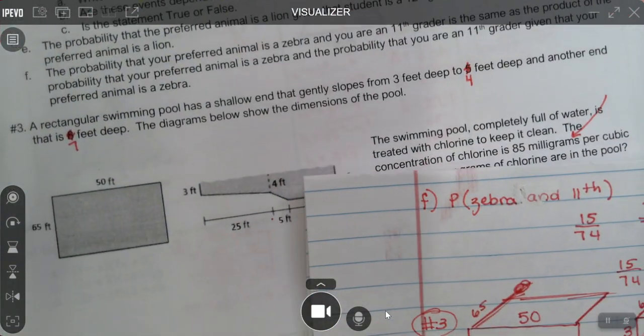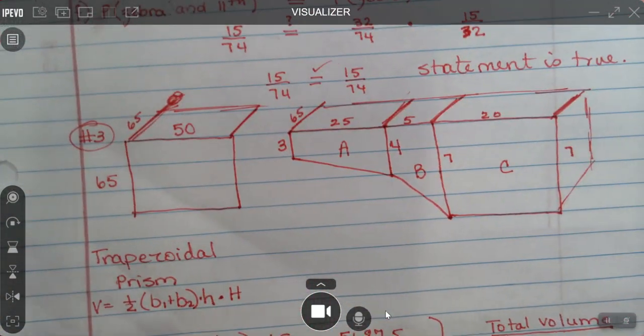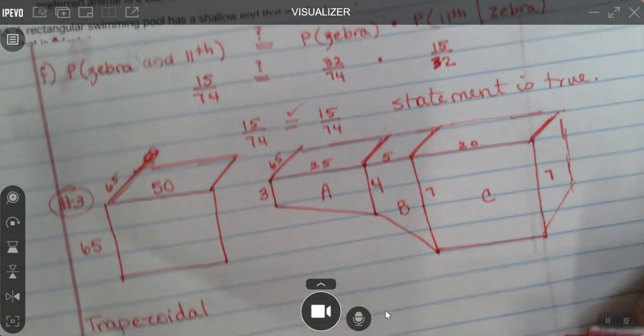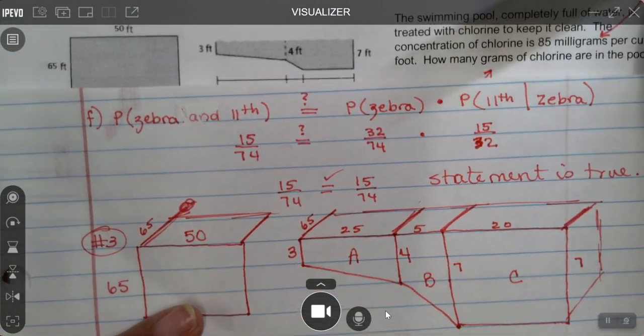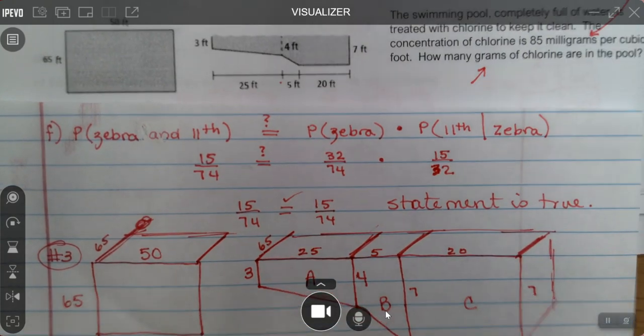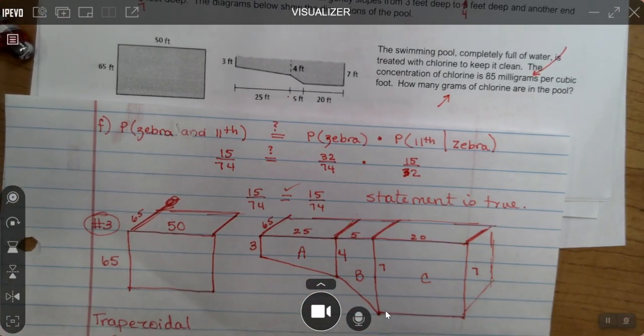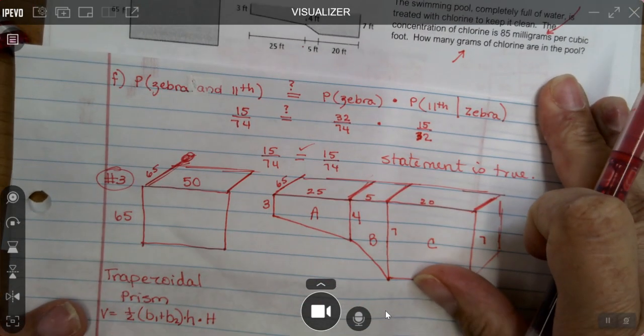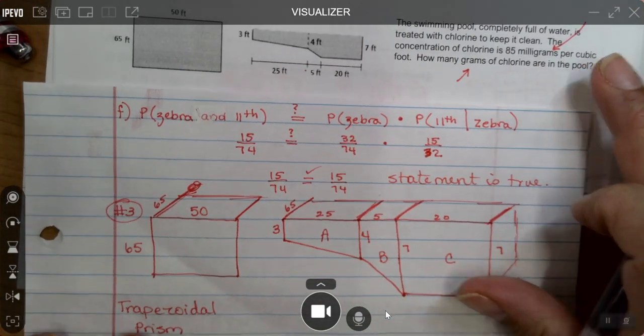All right. Looking at the diagram, let me zoom out a little bit so I can get both perspectives on screen.